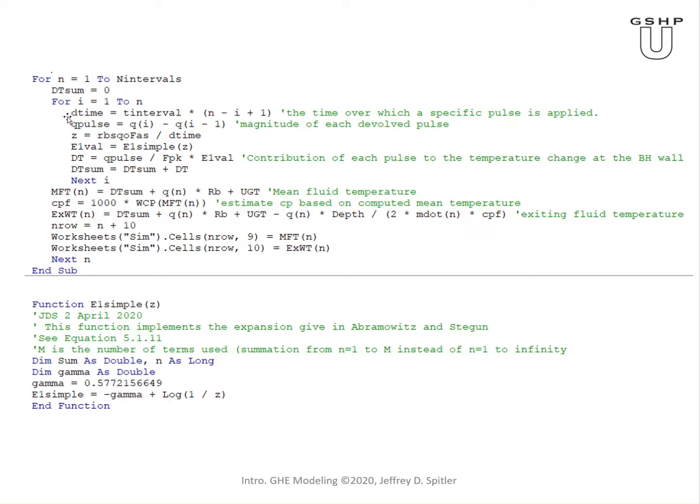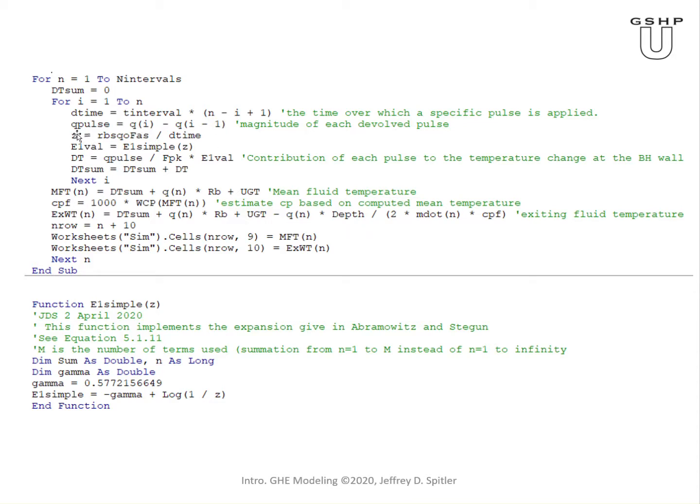So I've got a time for each interval. The very first pulse applies over the whole time period up to the nth interval, right? And so we calculate the time, calculate the pulse. There's the Q, or Qi minus Qi minus 1.